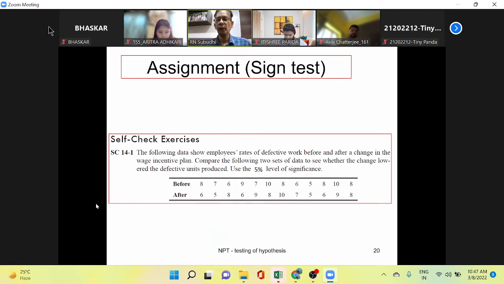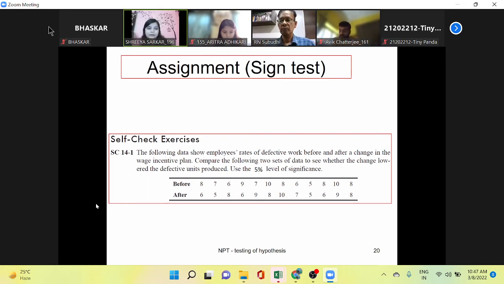Shriya, take over. So there is the comparison of the employees' defective work before and after incentive. Who are you? I am the owner, sir, the manufacturer. Yes, very good, a confident answer. Let me say it to save time. A company was trying, if we incentivize, employees will be motivated.